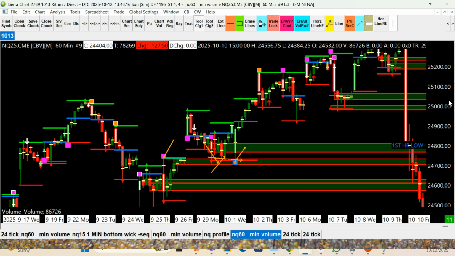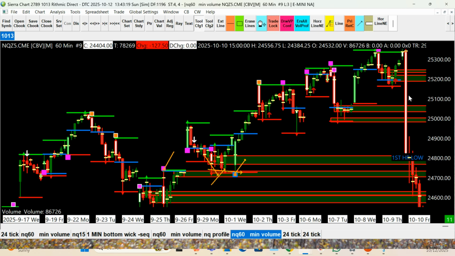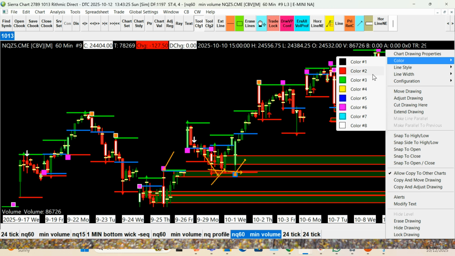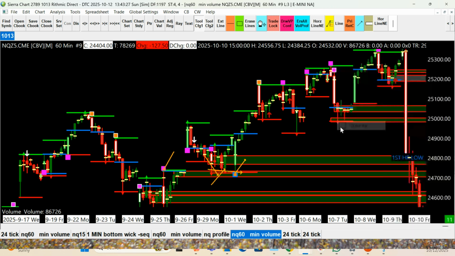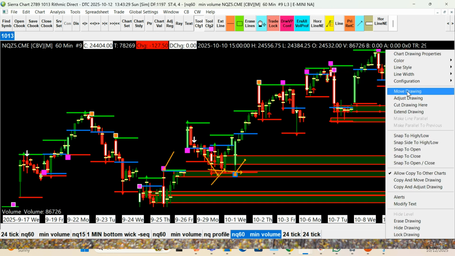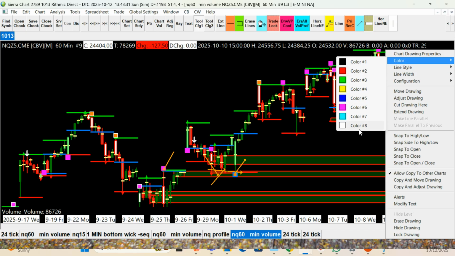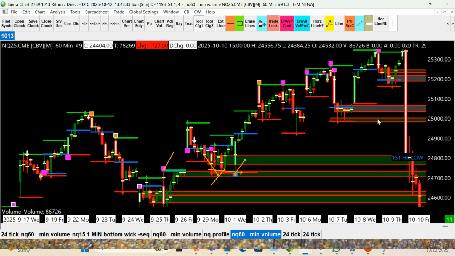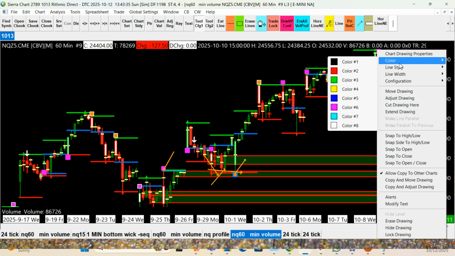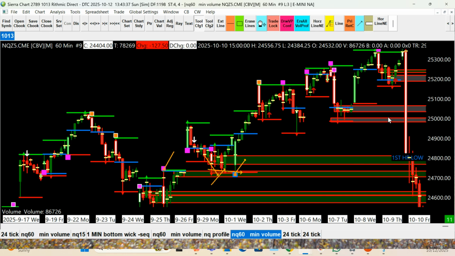So the answer is, I'm always hesitant to put a bar in here like this. So the way you do that is I'm going to make these beyond pink. I'm going to make them white. That means they're just there for your knowledge base. They're not there to be traded against, right?